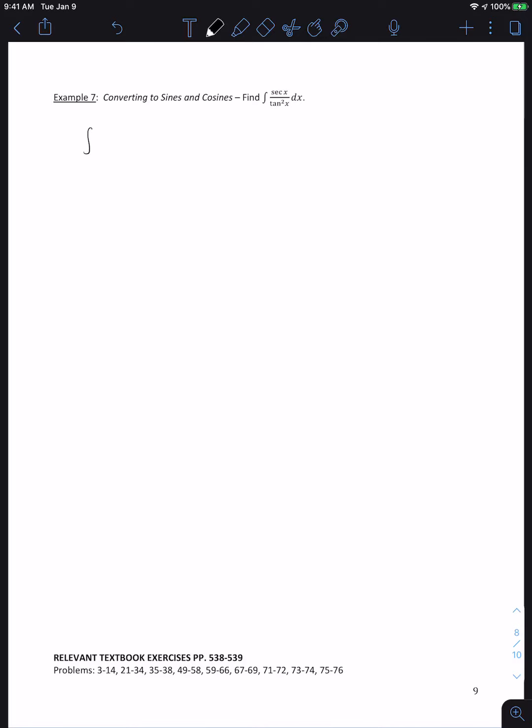All right, so I'm going to rewrite this as secant x times 1 over tangent squared dx. But what is 1 over tangent? Actually, let's write this first. 1 over secant is 1 over cosine of x, right?